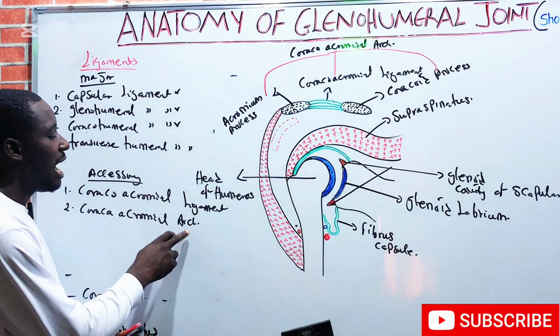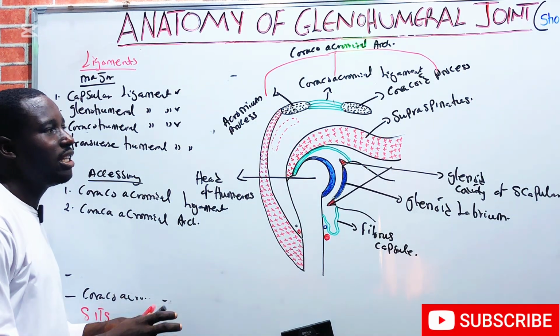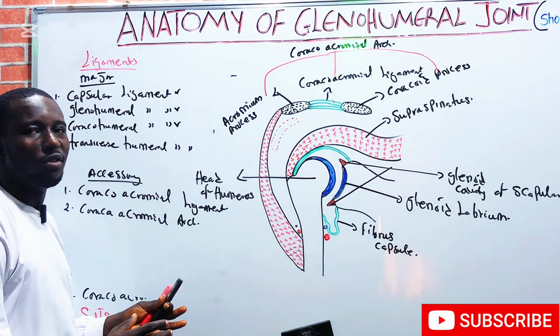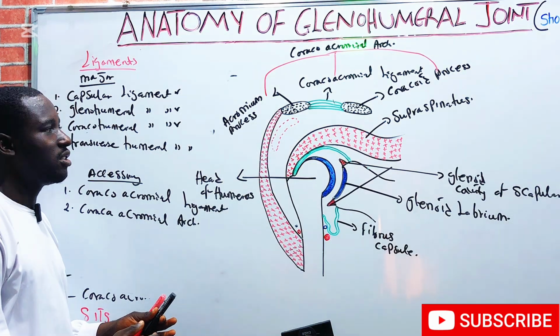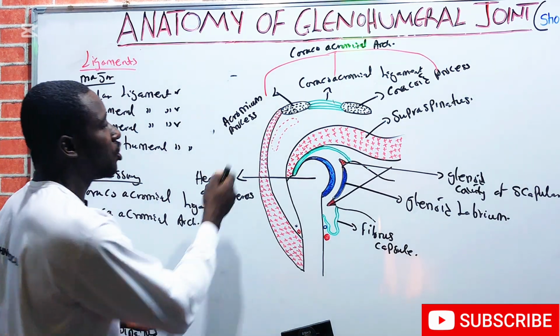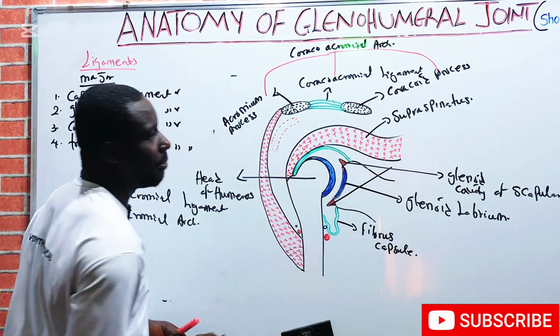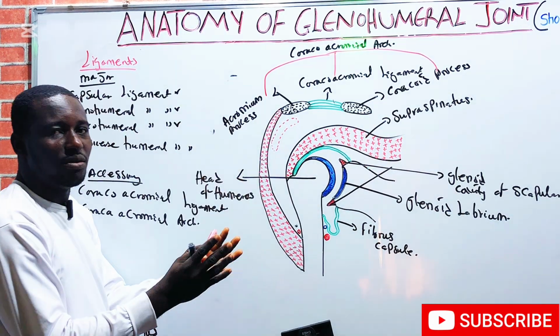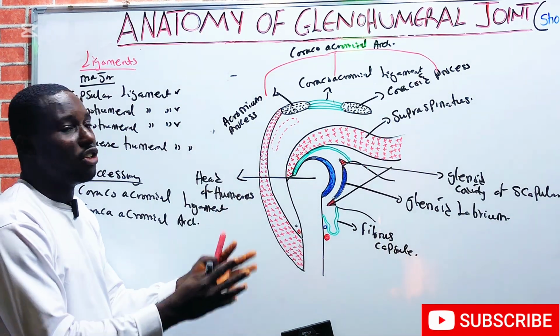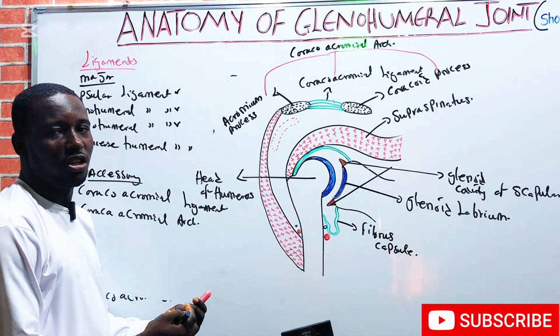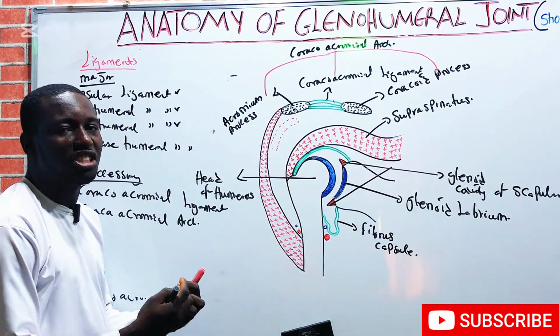Now, the coracoacromial arch is actually the main accessory ligament of the shoulder joint, because it works in conjunction with the acromion process, the coracoacromial ligament, and the coracoid process of the scapula to protect the superior aspect of the shoulder joint, because it plays a protective arch role.